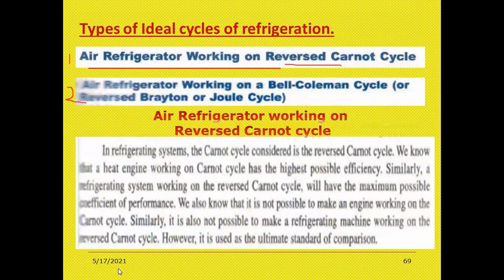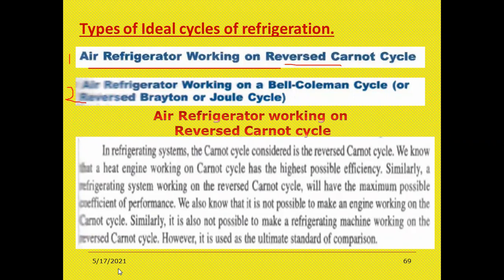Coming to the types of ideal cycles of refrigeration. In the last class we stopped the session here. Now we'll see the two types of cycles which are very important from the subject point of view.